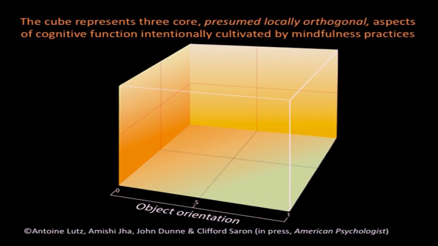The first dimension is essentially focused attention. It's the degree to which your attention can be object-oriented. The object does not have to be present. When you traveled here and looked for your luggage at the baggage claim, you were looking for your bag and you kept not seeing it, but you were very object-focused.